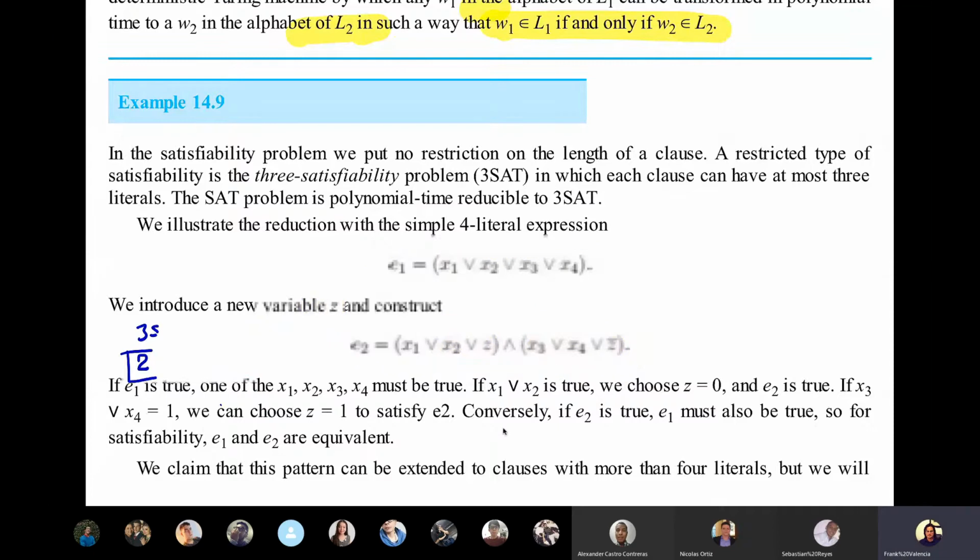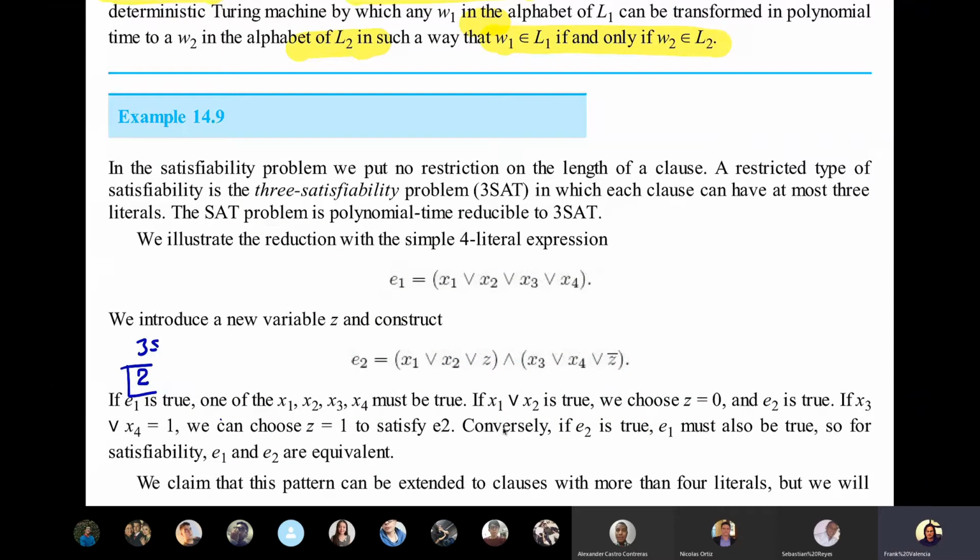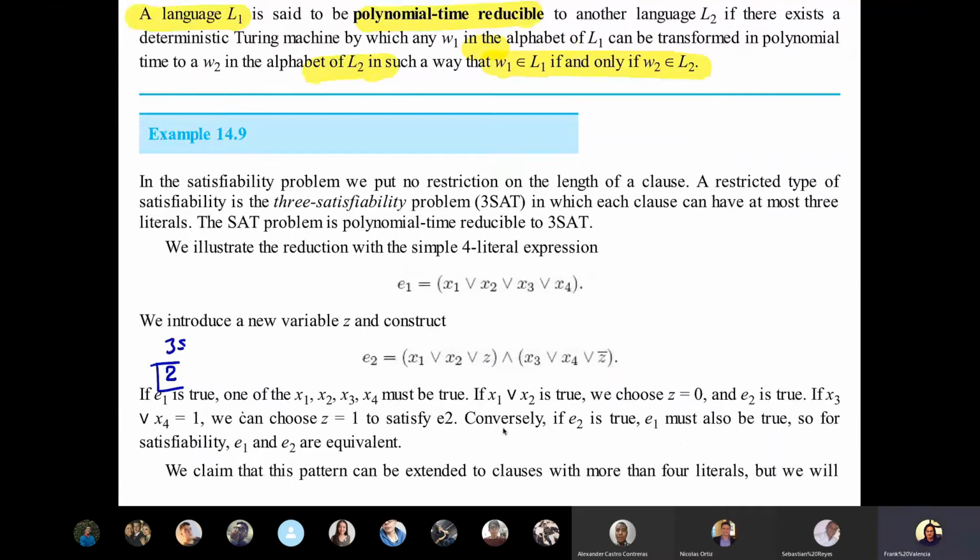I'm going to show you this idea. One can show that the SAT problem, remember what the SAT problem was? Anyone? Santiago? Yeah, satisfiability. Es ese problema de las expresiones, o sea, que tengo las fórmulas y tengo que calcular si es satisfacible.